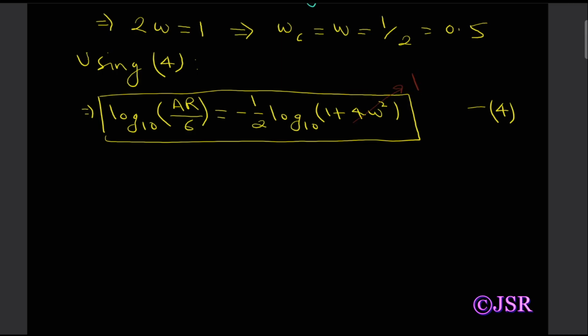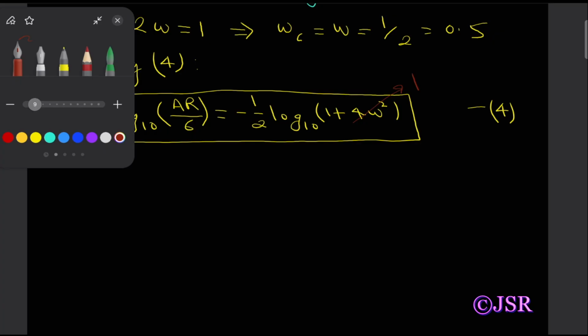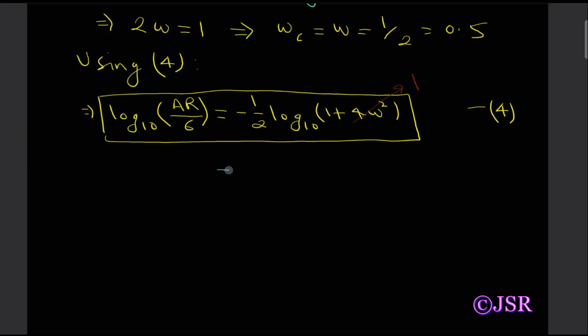So at corner frequency the equation 4 gives minus half log 10 of 2, and that is equal to log 10 of 1 upon under root 2.